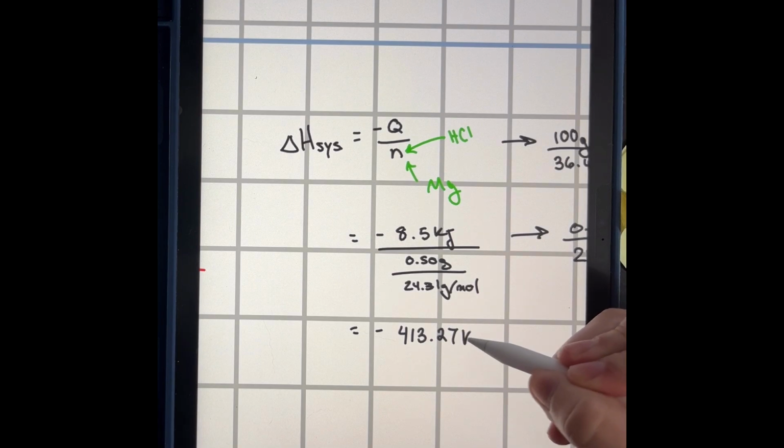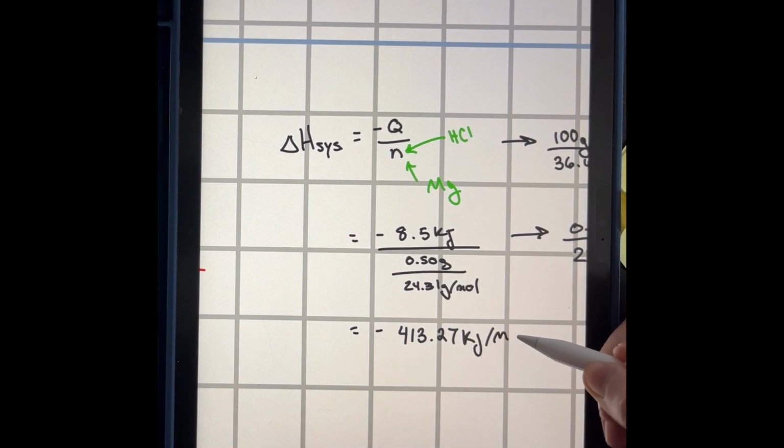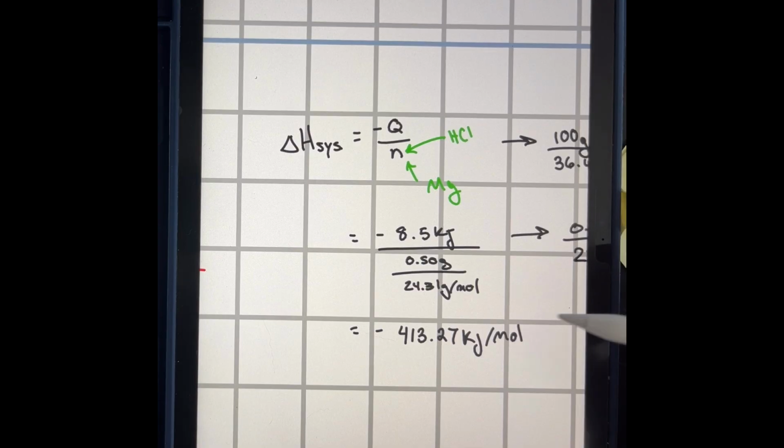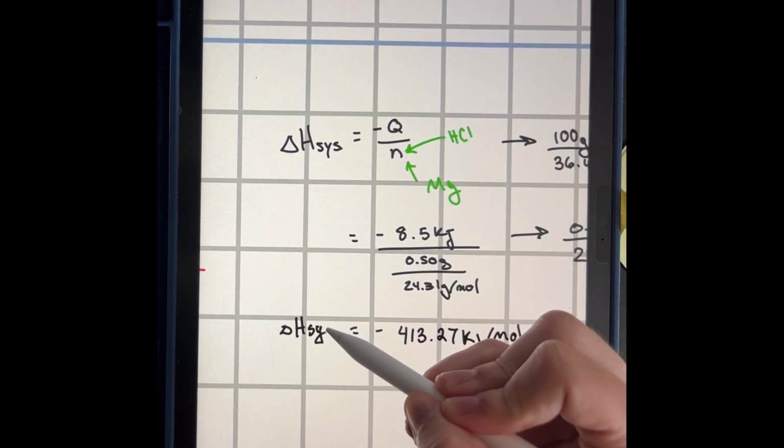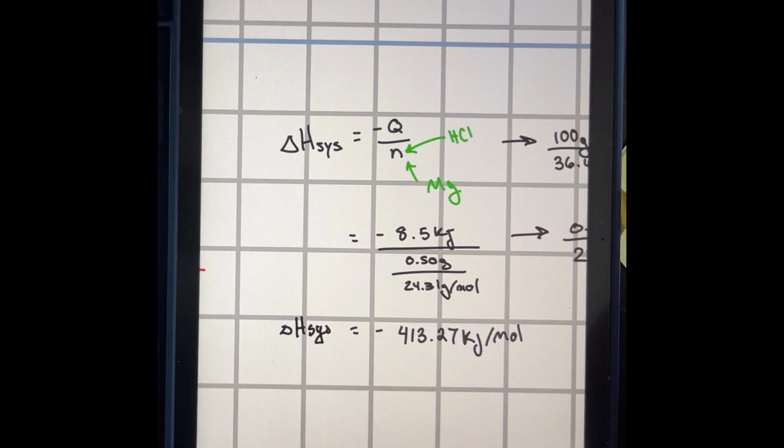So right now we have kilojoules per mole. Okay, that is that in terms of that. This is the enthalpy of the system.